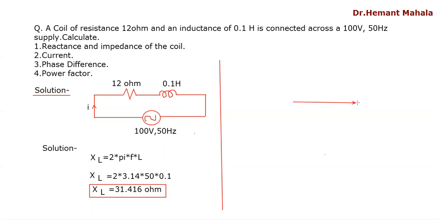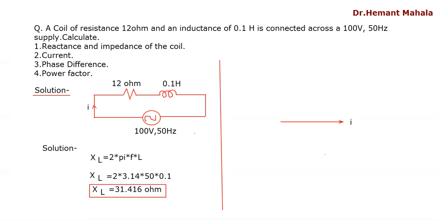It is current I. We know for resistive drop, VR is in phase with this I. VR is voltage across resistor.